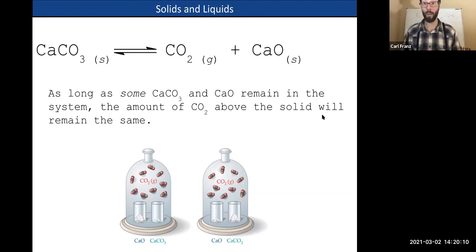If you wanted to reduce carbon dioxide, you'd have to reduce the, which one? Would you have to reduce calcium oxide or calcium carbonate to start reducing carbon dioxide?